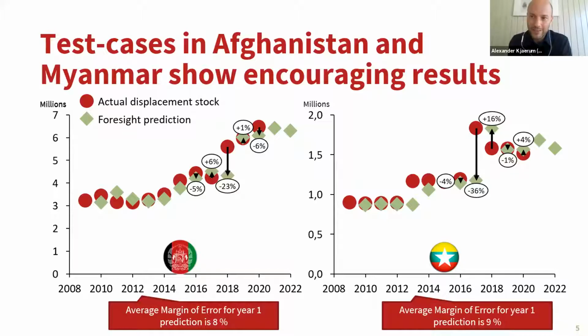The other limitation in our approach, which also helps explain why we were not predicting the Rohingya crisis, is that the model tends to perform better in countries where the displacement situation is more widespread.